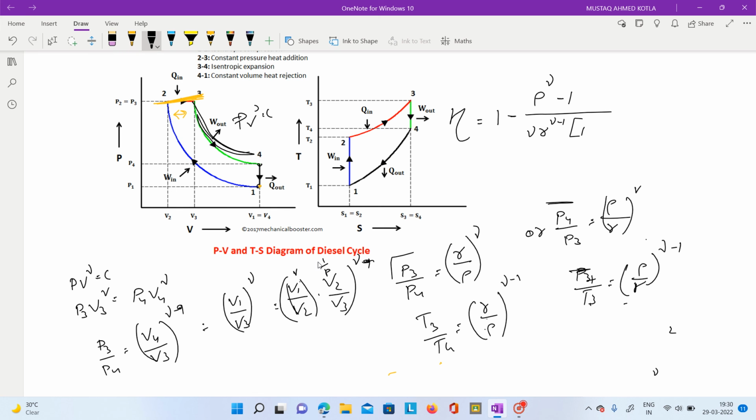This is the efficiency of the diesel cycle.